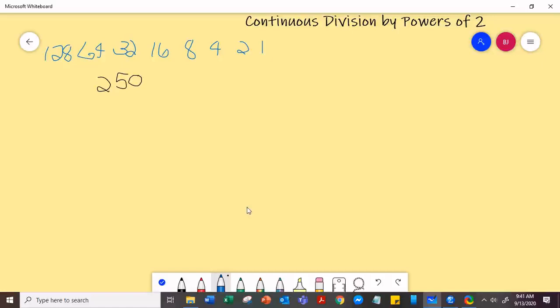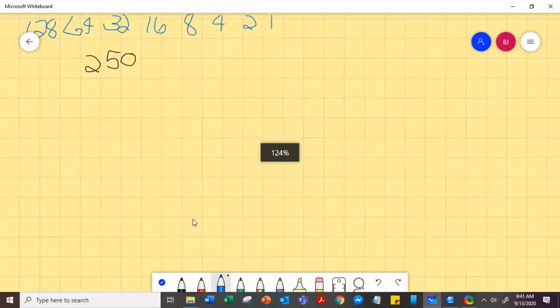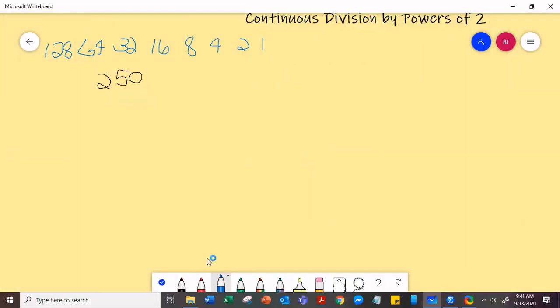So we're going to use 128 as our divisor here. So we have 250, then we divide by 128.